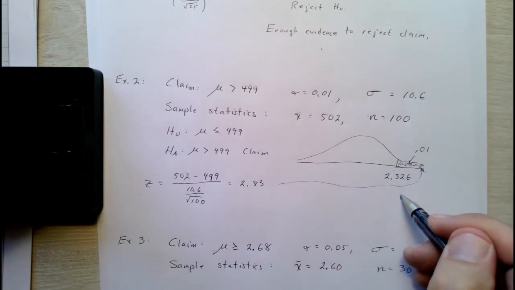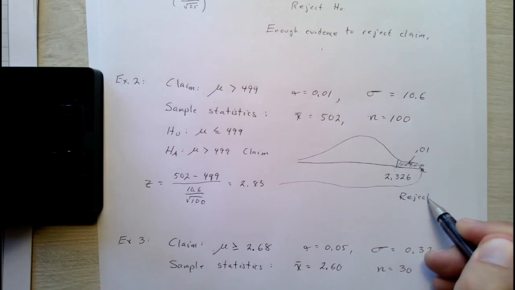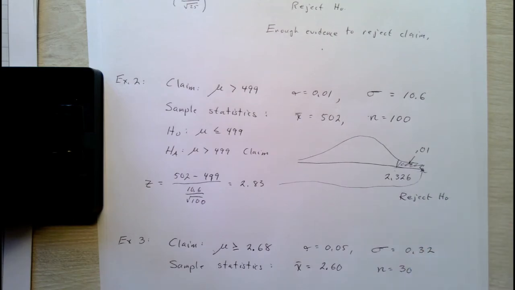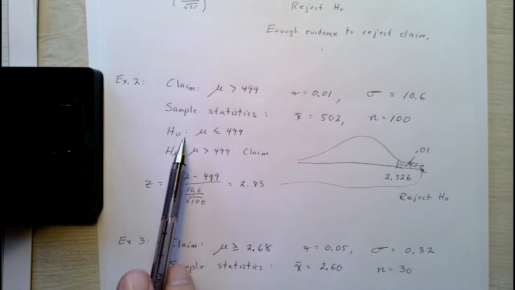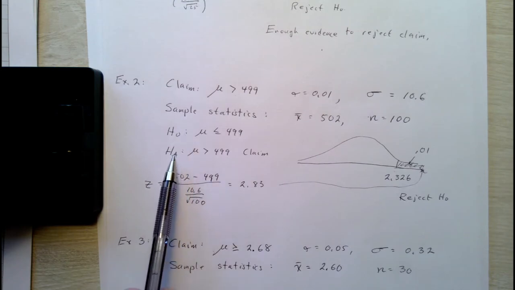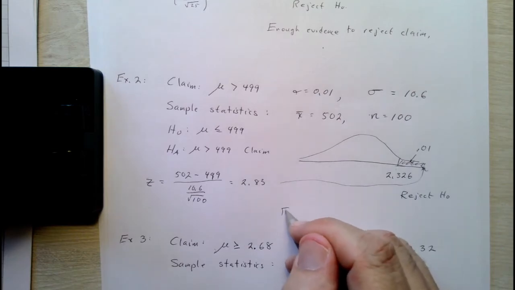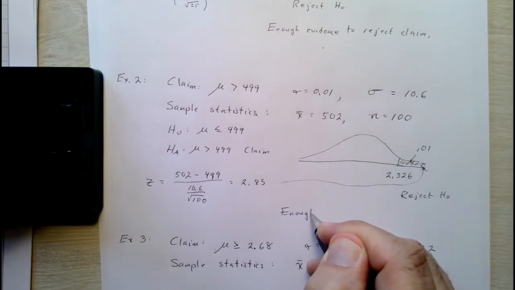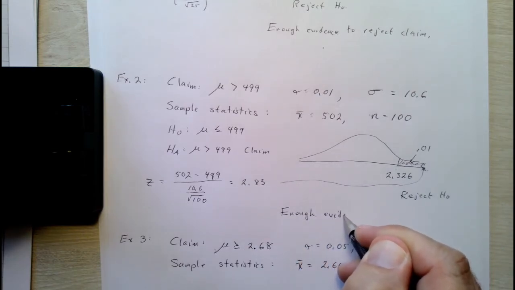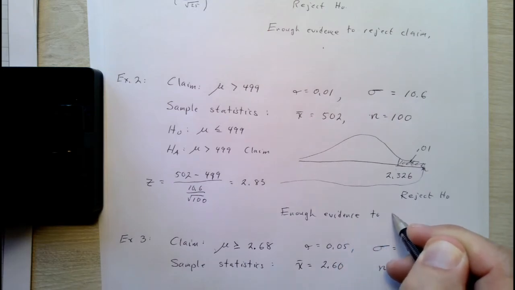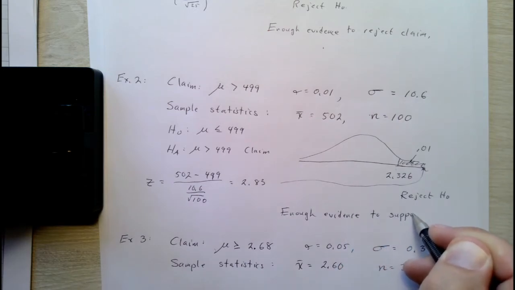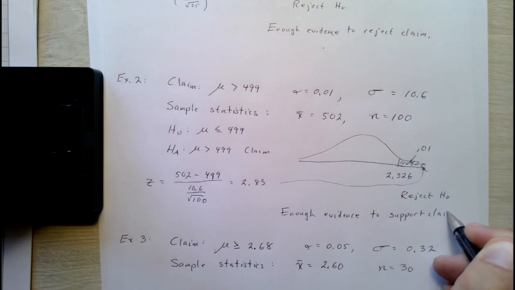So we reject H0 again. And because we're rejecting H0, we can support HA, which means we can support the claim. So there's enough evidence to support the claim.